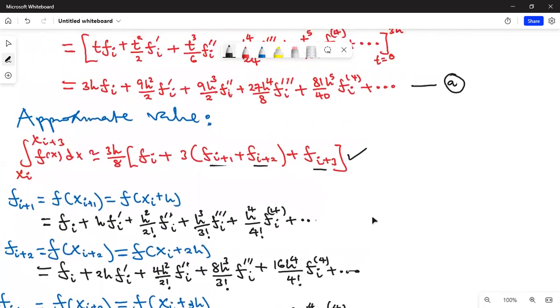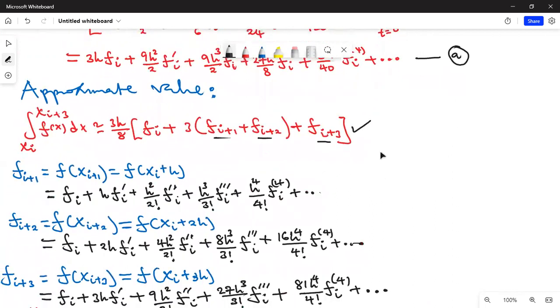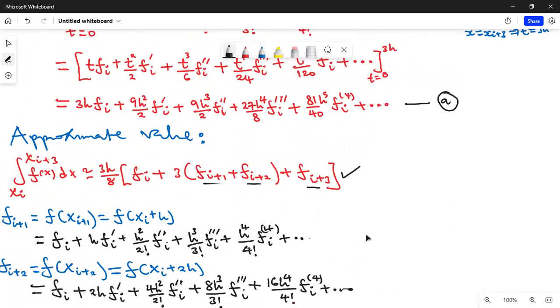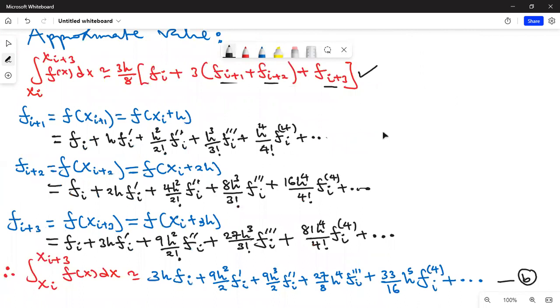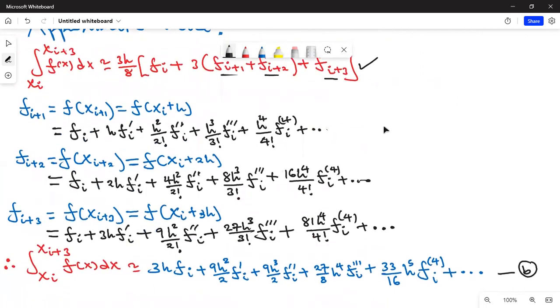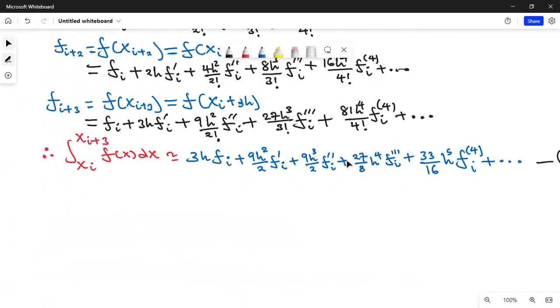The only difference arises when we have the fourth order term. Here it is 81 over 40. Here we have 33 over 16. So all these terms will cancel up to the third order term, except the fourth order term. So that this is now our error.